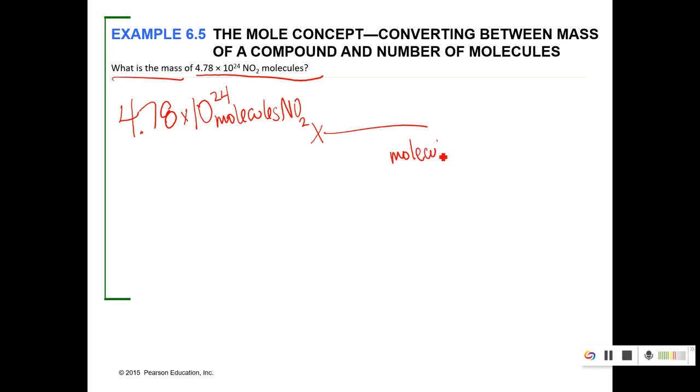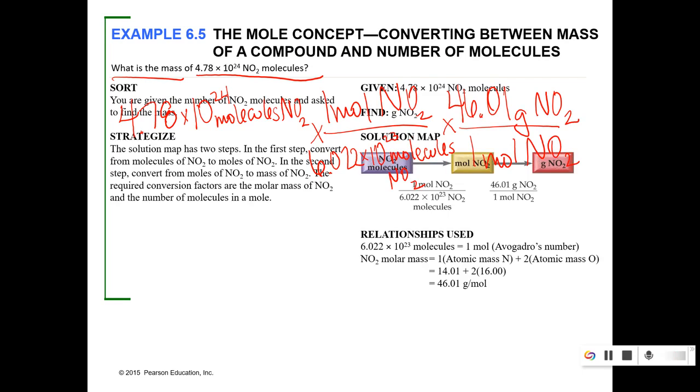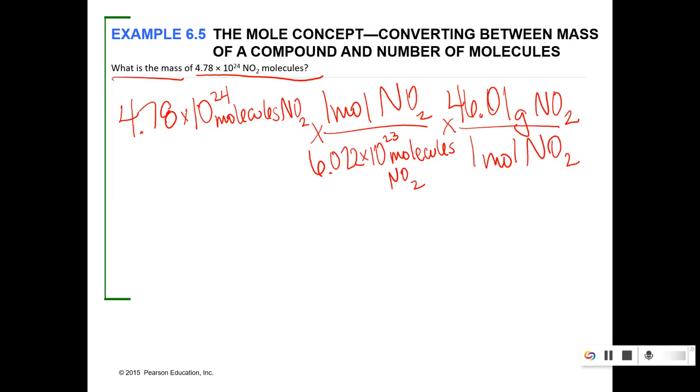Because molecules was given, I need to divide by Avogadro's number. And that's 1 mole of NO2. 1 mole of NO2 is equal to the molar mass, which in this case we've already found is 46.01. Again, put Avogadro's number in parentheses.